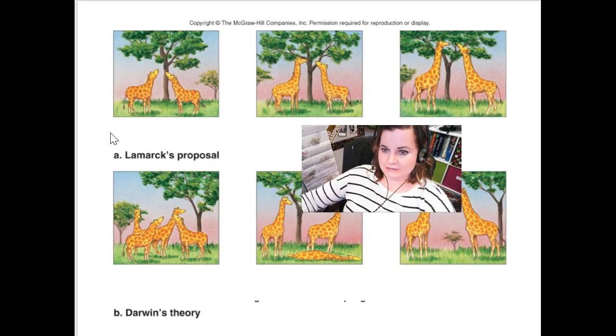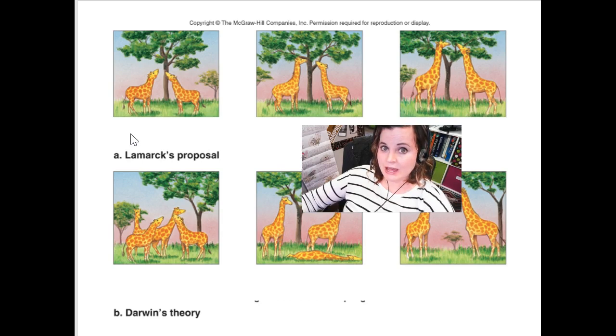But then, as the food source got higher, they couldn't reach it, so they stretched and stretched to get those leaves off the tree. And since they've been stretching their necks their whole lives, their offspring were born with slightly longer necks. And then they continued to stretch those necks until, through multiple generations, the necks gradually got longer and longer.